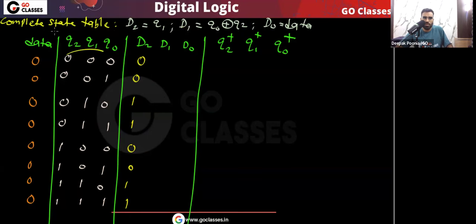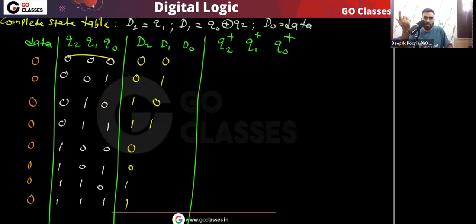Next you can see d1, this is XOR of q2 and q0. So 0 XOR 0 is 0, 0 XOR 1 is 1, 0 XOR 0 is 0, 0 XOR 1 is 1. You already know that XOR is 1 when the inputs are different. Yes or no?